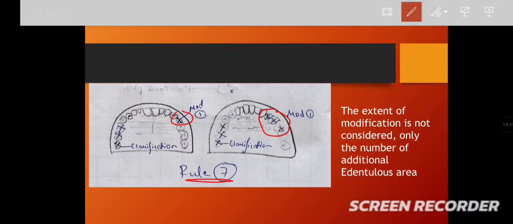So when you are considering it for the classification, you should consider it as modification 1. You can't say 3 teeth are missing, so I will write mod 3. No, not like that. It doesn't depend upon the number of missing teeth. It only depends upon the space. So it is called Kennedy's class 1 modification 1.